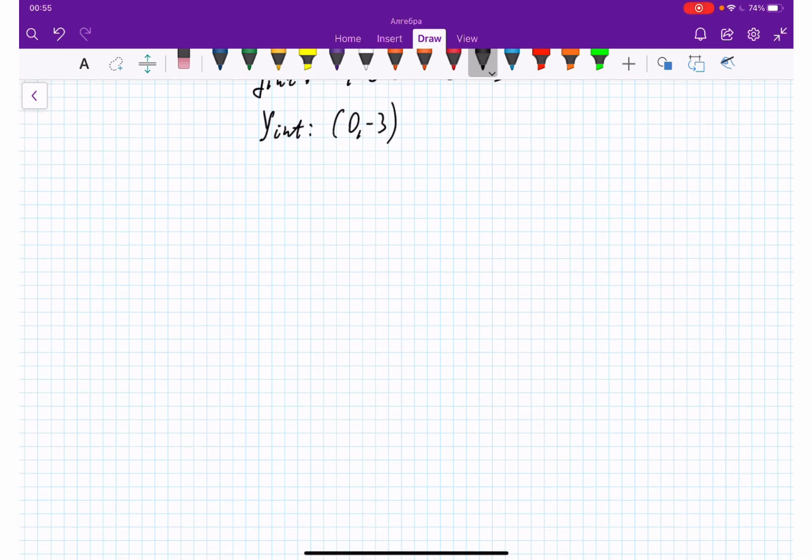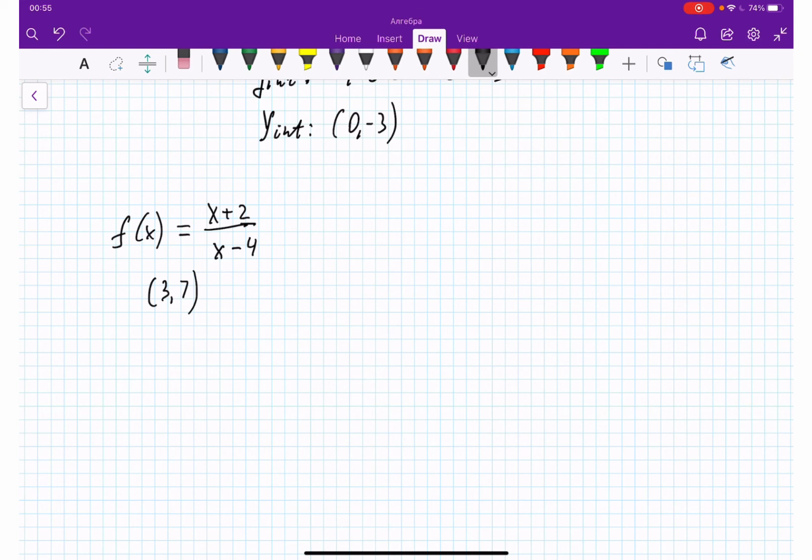We have f of x equal to (x plus 2) over (x minus 4). Okay. So the first question: does the point 3 and 7 belong to the function?